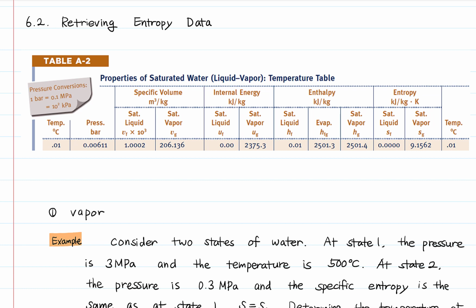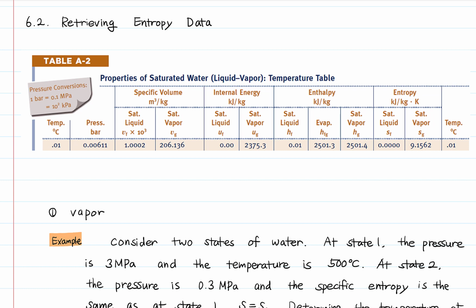6.2 Retrieving entropy data. We can look up the entropy values from the thermodynamic tables, just like we did to determine the internal energy or enthalpy from the thermodynamics tables. As the state principle describes, we need two intensive, independent properties to fix the state.